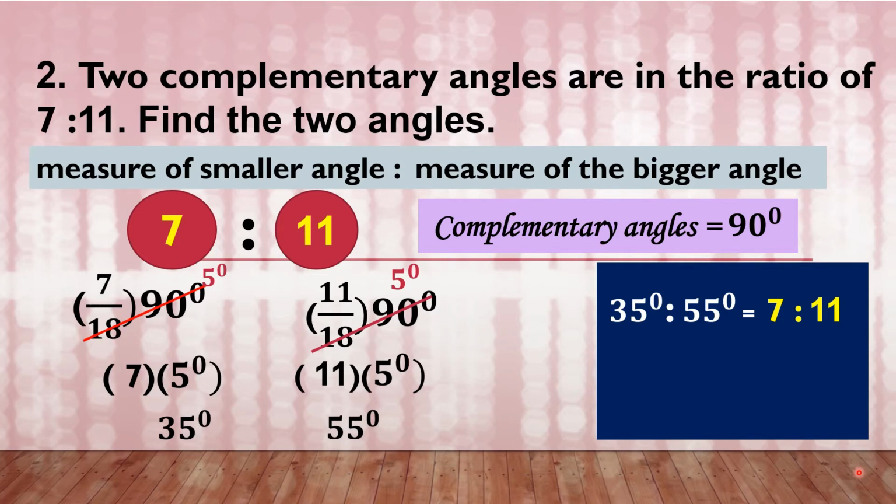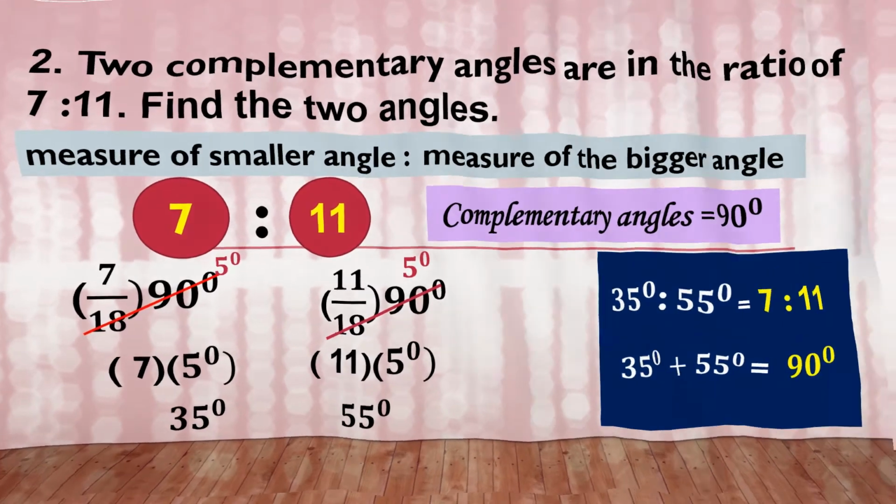So we have 7:11. Be reminded that whenever we're dealing with ratio, we are not anymore using or connecting units. Now, one thing more, if we're going to add 35 degrees and 55 degrees, we have 90 degrees because these two angles are said to be complementary angles.